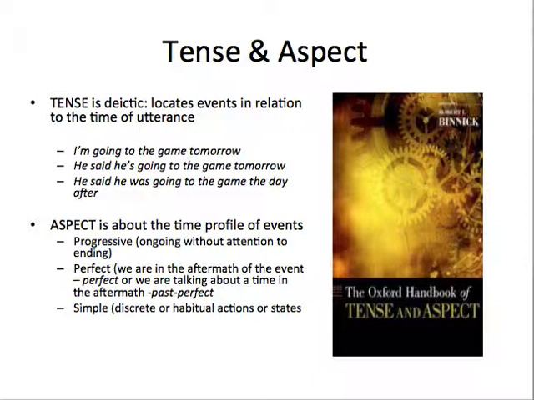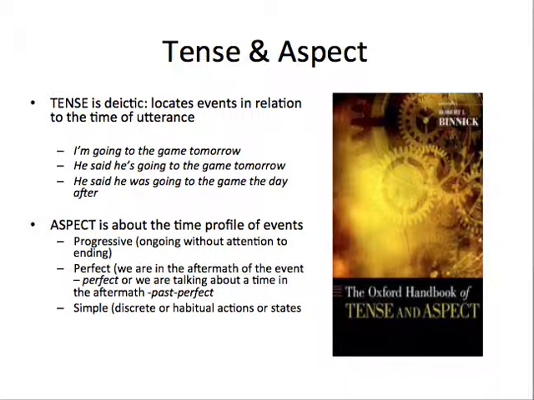So if we look at some of the definitions of tense and aspect, we can begin to say that tense is deictic, that is, it takes its particular tense marking with respect to the time of utterance. It locates events in relation to the time of utterance.